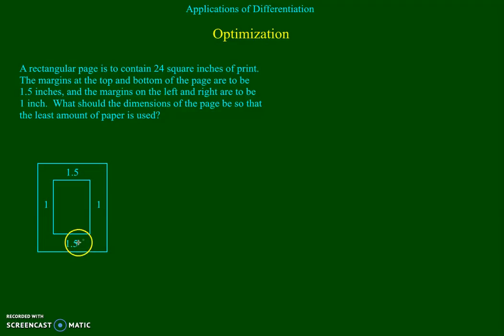Now, since the only dimensions we know are these border dimensions, I'm going to have something to represent the dimensions of the text and the dimensions of the page. So let's call this dimension from here to here X, and let's call this dimension Y. We know that the area of the print is 24, because they told us it's 24 square inches of print.